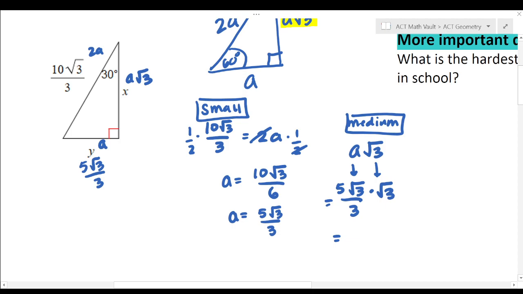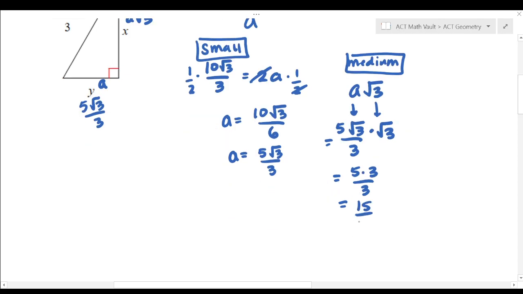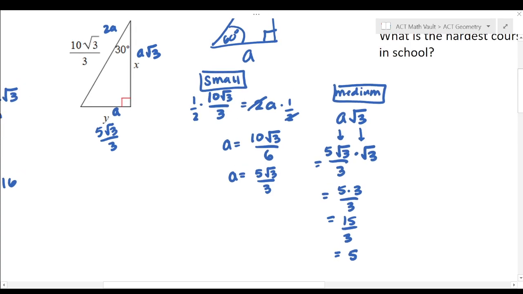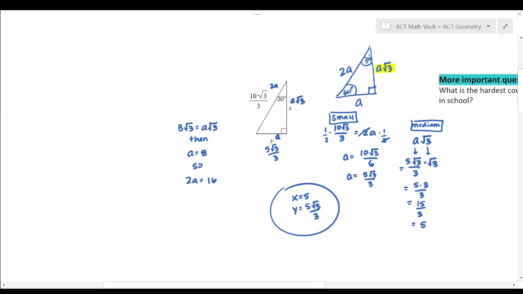So root 3 times root 3 is root 9, which is 3. So those roots kind of cancel. You get 5 times 3 over 3, which is 15 over 3, which is just 5. So in the A root 3 spot, we have a 5. Moral of the story is the x is equal to 5 here, and the y is equal to 5 root 3 over 3. Final answer.